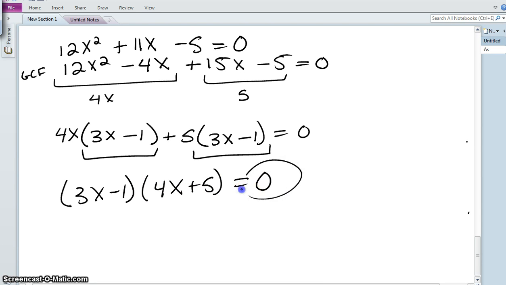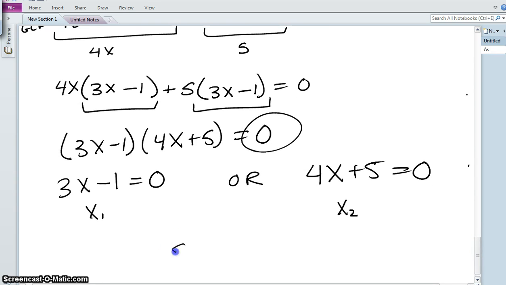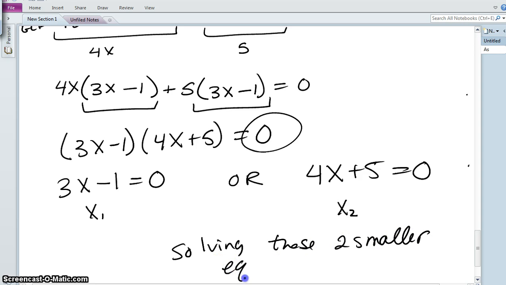In order for this product to be 0, either 3x minus 1 has to be equal to 0 or 4x plus 5 has to be equal to 0. So go ahead and get x1 and x2 by solving these two smaller equations.